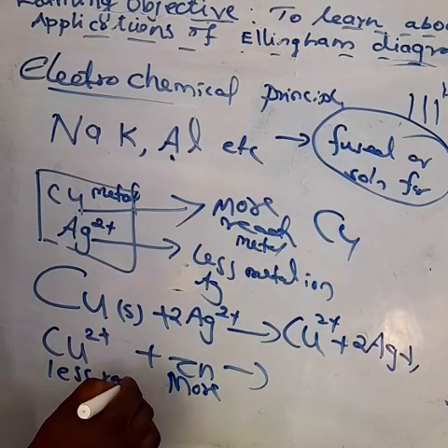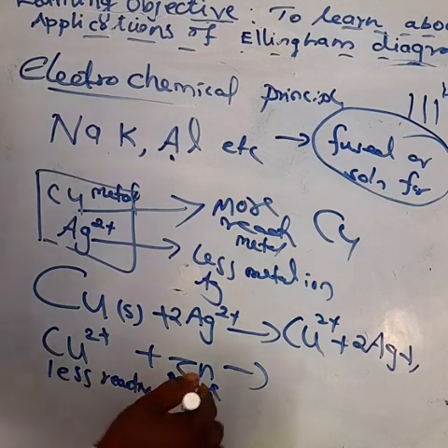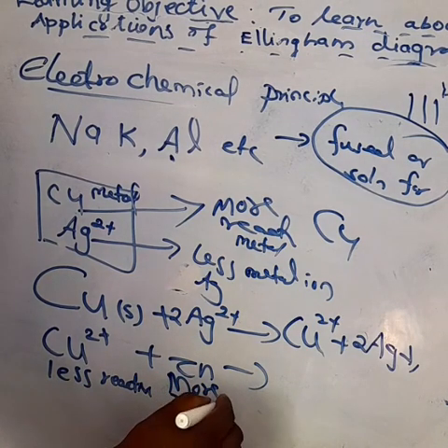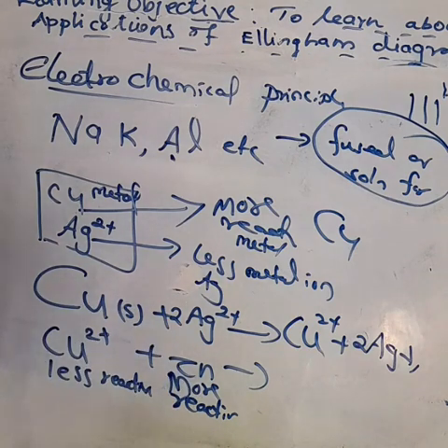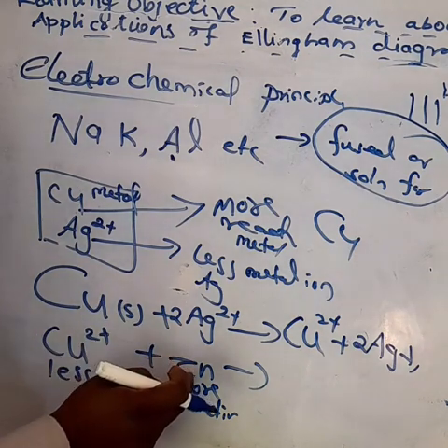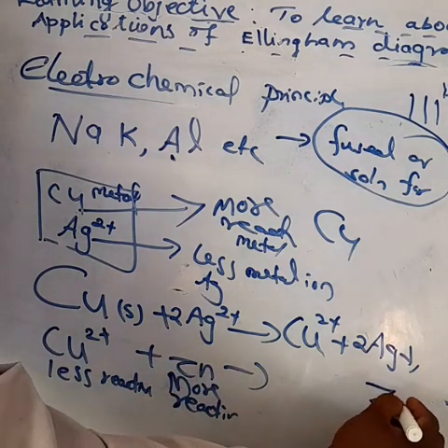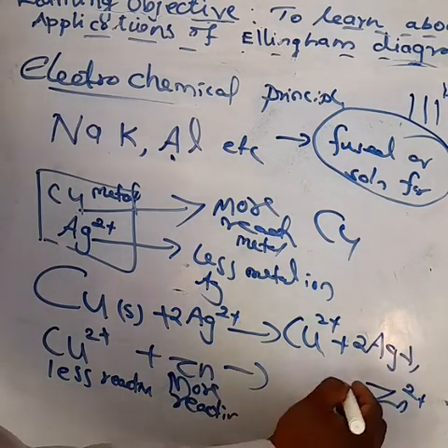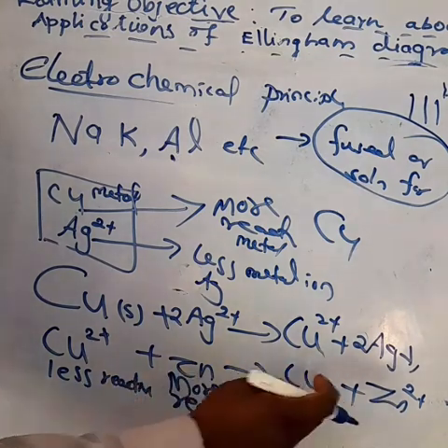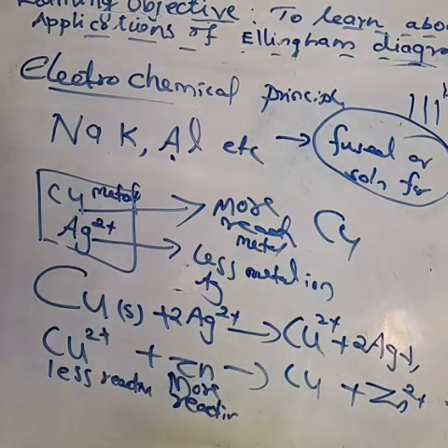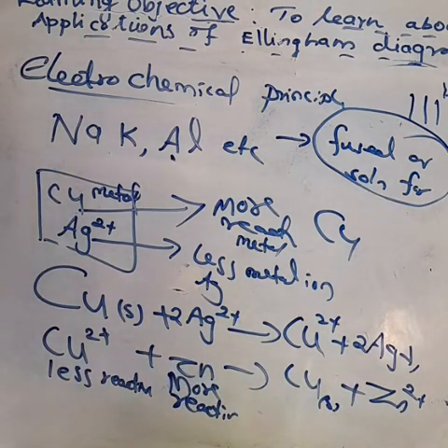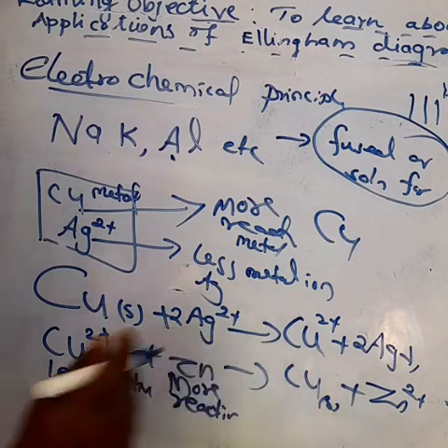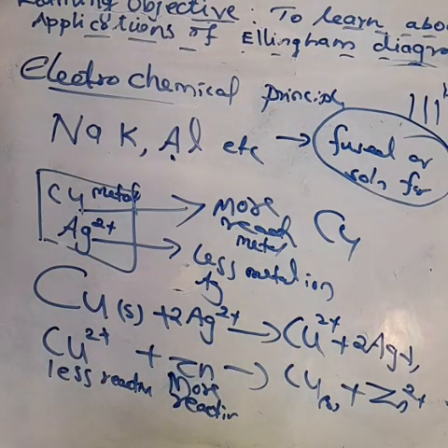When we react these two, we get zinc ions and copper metal. First you have to write Cu plus Zn2 plus ion. Here copper is the less reactive metal, zinc is the more reactive metal. Clear?